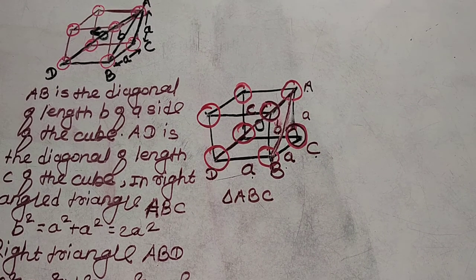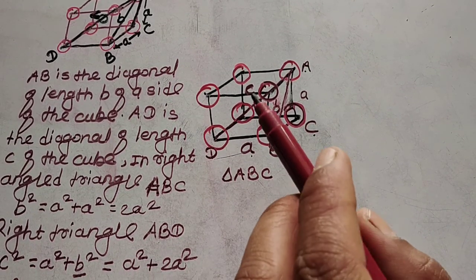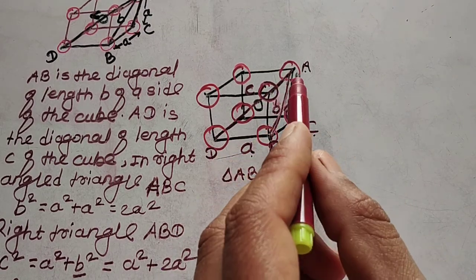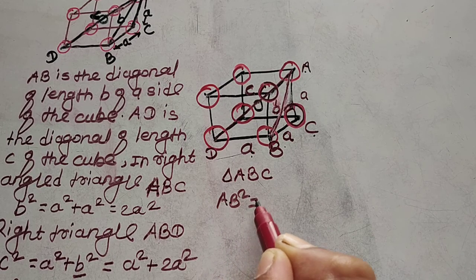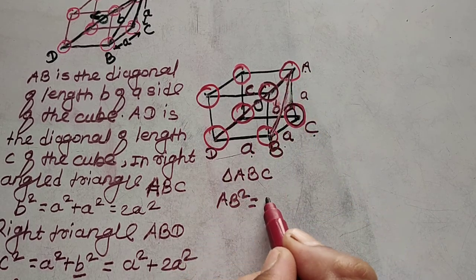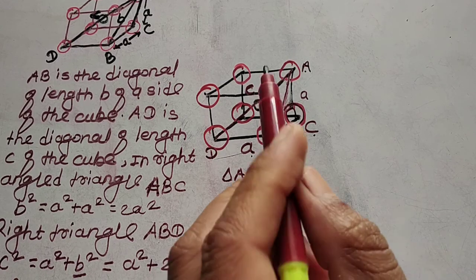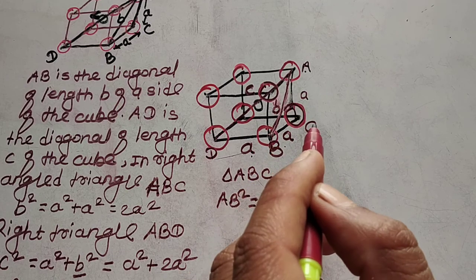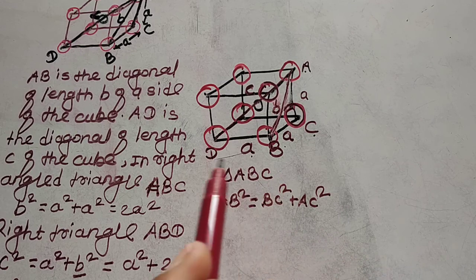By using this right triangle, you can use the Pythagoras theorem. What is the Pythagoras theorem? AB square is equal to BC square plus AC square. I have taken diagonal AB and two sides, AC and BC, so both squares can add.